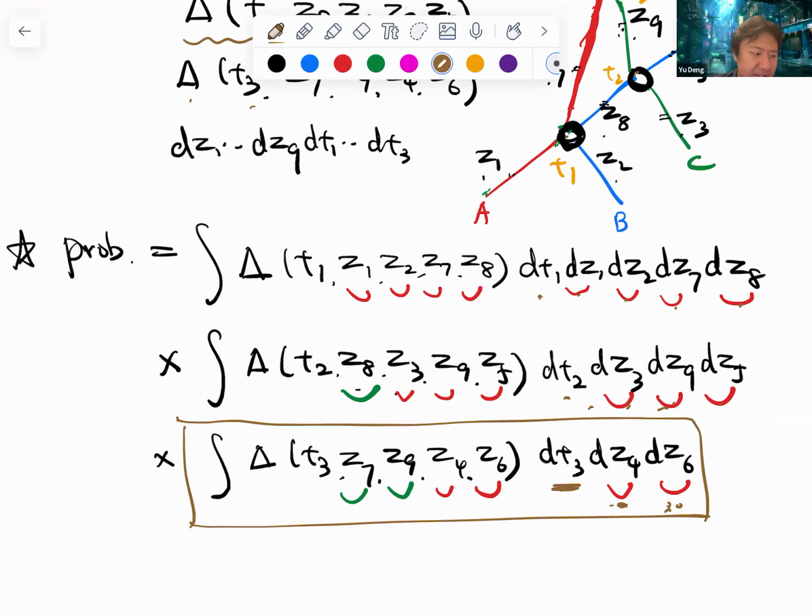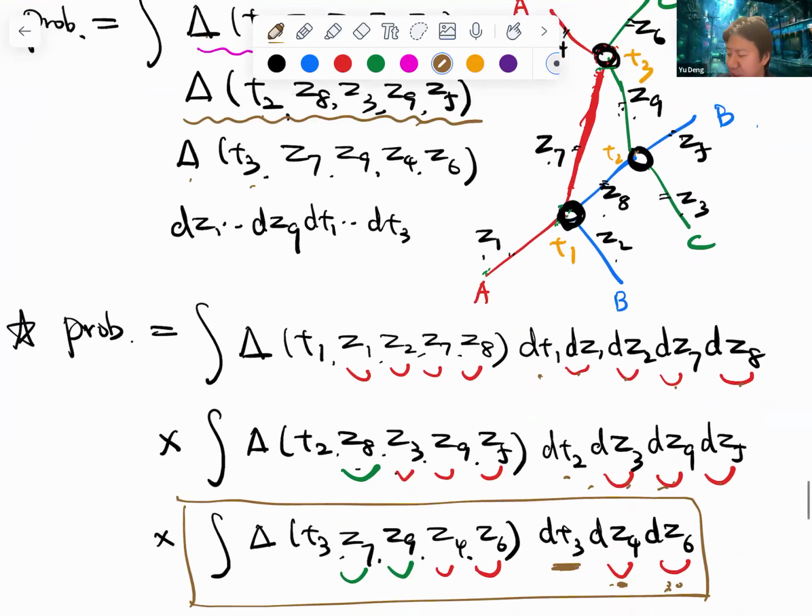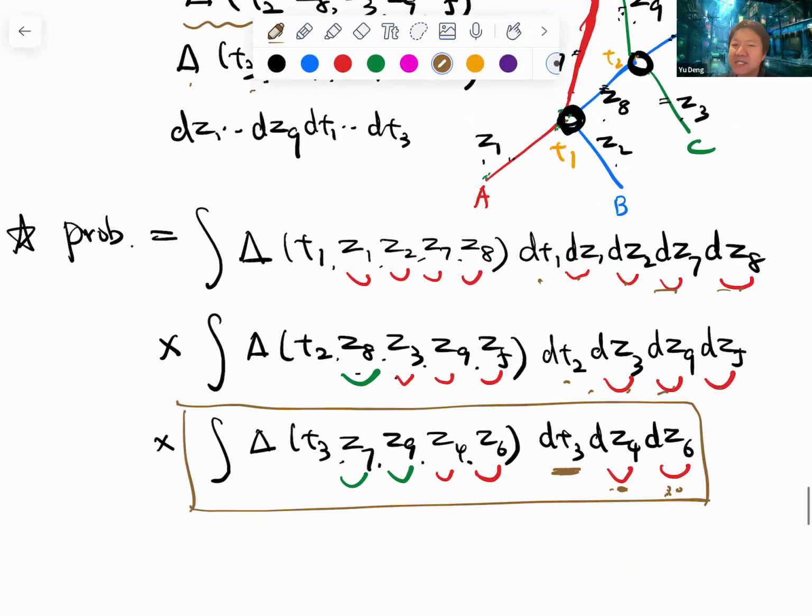And each delta factor corresponds to exactly one collision, or one atom in this picture. So the order we're choosing here is precisely an ordering of the atoms that we select.